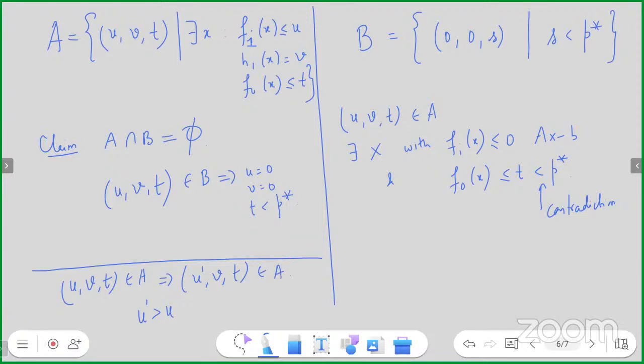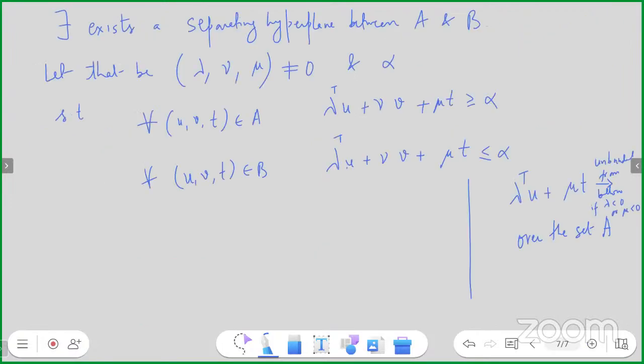So I'm only increasing. So if U, V, T is there, then U dash, V, T will always be there. Okay. So if I keep increasing with a negative sign, this will become unboundedly large with a negative sign, and this will start to vary. So essentially both of them get negative.